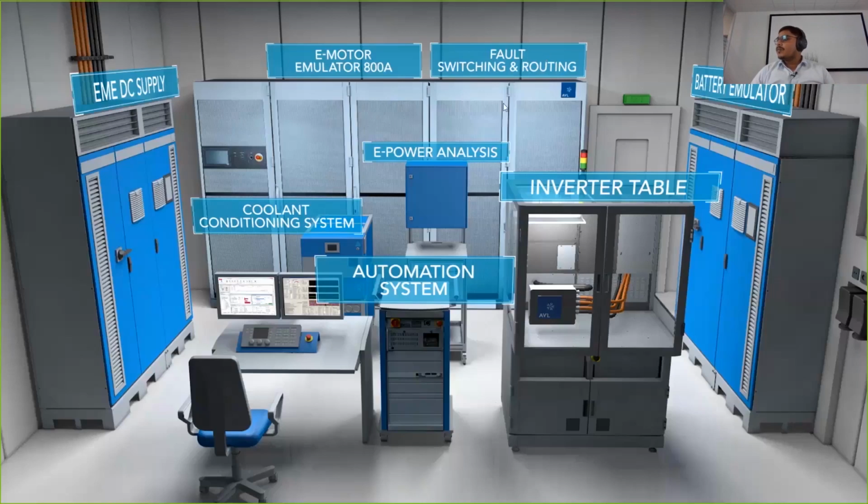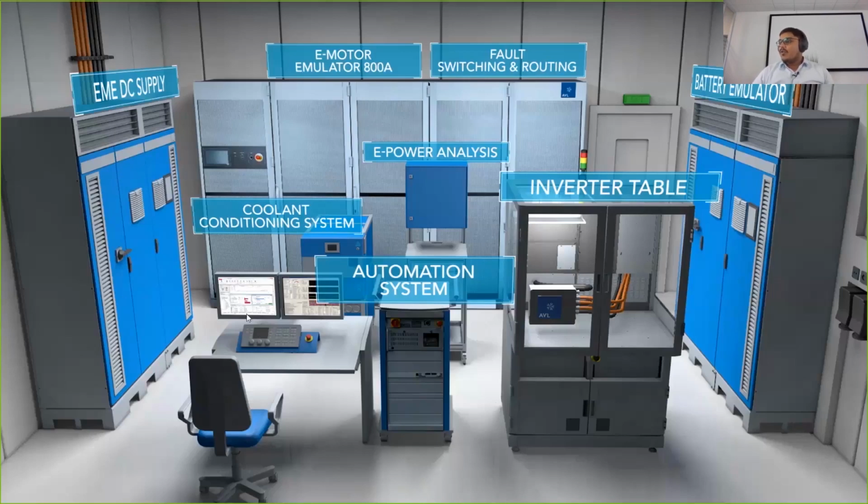And then there is the possibility to inject or stimulate various fault scenarios, such as short circuit, phase-to-phase shorts, or phase open. All of them are possible at high voltages and high currents, and they are all 100% reproducible. The emulator also requires a DC power supply, which is provided by the DC supply cabinet here.